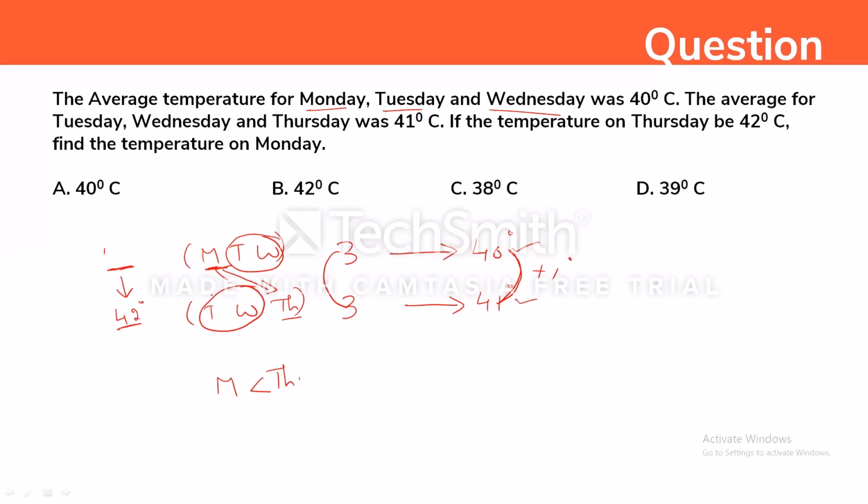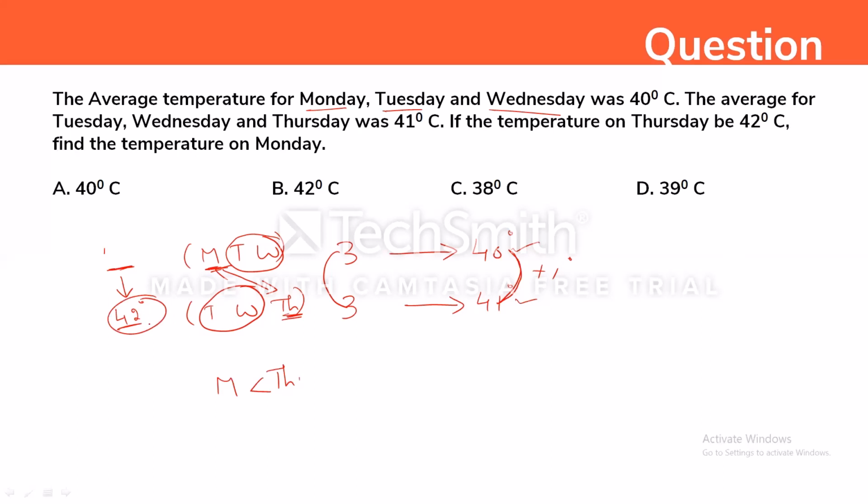What we need to find is just the temperature on Monday. If you observe the options, there is no need to solve the question. By understanding this logic, Thursday's temperature is more than Monday's. Already we know the temperature on Thursday is 42, so you can eliminate options.